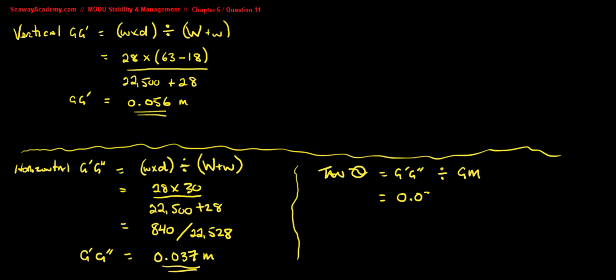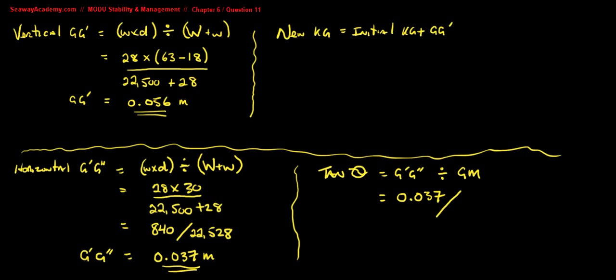Now your GM is going to be based on your vertical shift to the center of gravity. And first we need to calculate our KG before we can calculate the GM. So for our new KG, the formula is your KG equals your initial KG plus your vertical shift to the center of gravity, so G to G1.